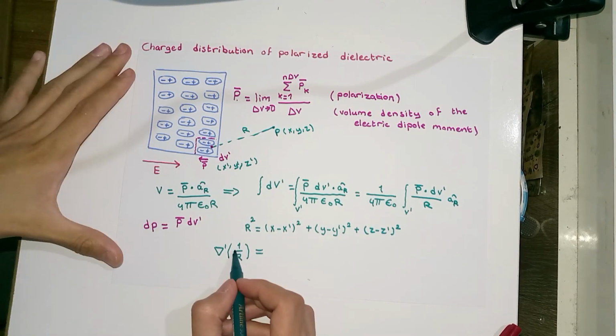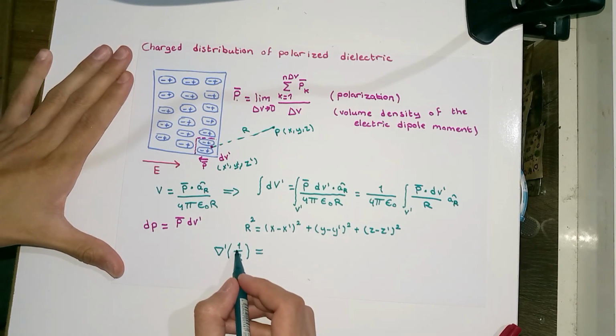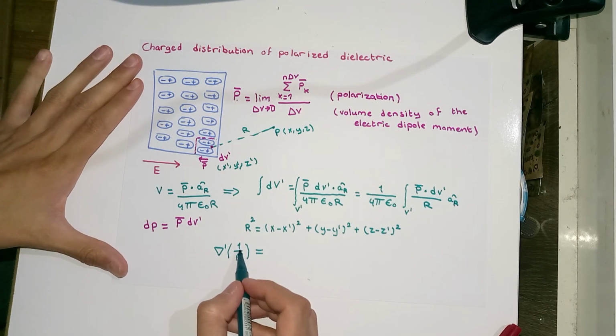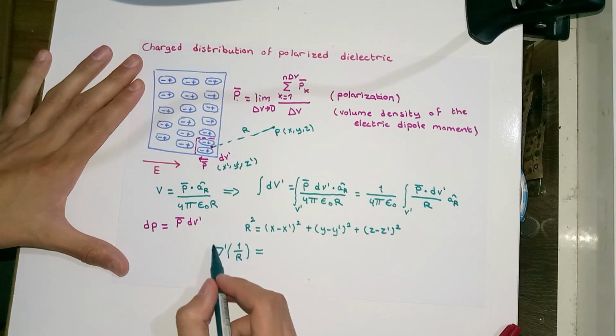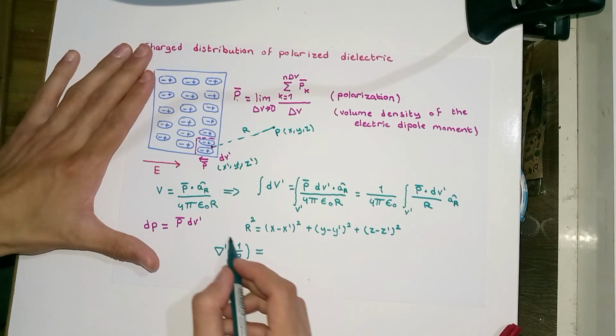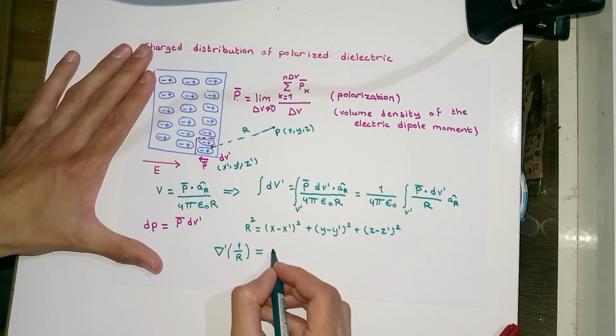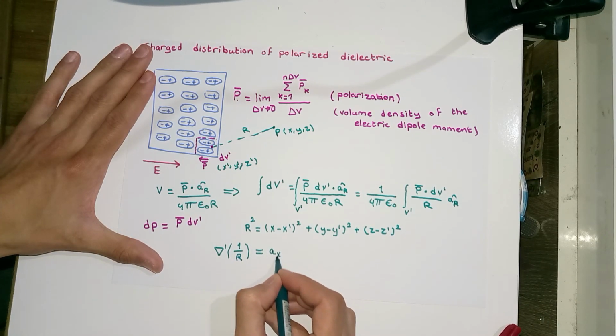Now we all know what the gradient is. The gradient is the spatial derivatives with respect to the 3 coordinates for this scalar value, or namely it is this.